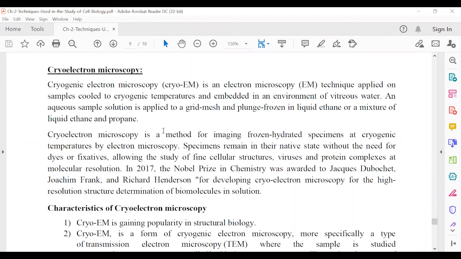Cryo means frost, highly cooled, very low temperature. This technique also uses liquid ethane and propane and vitreous water to maintain the temperature needed to operate cryo-electron microscopy.